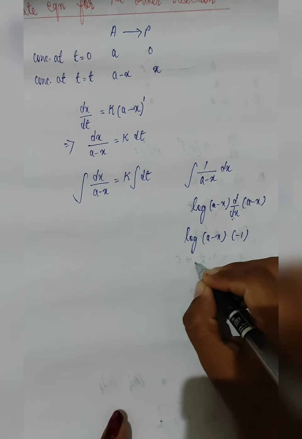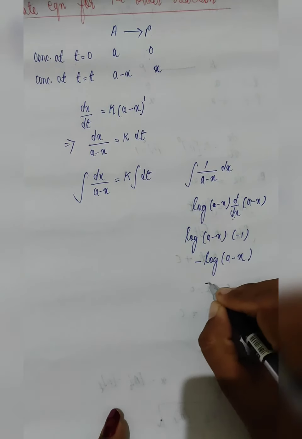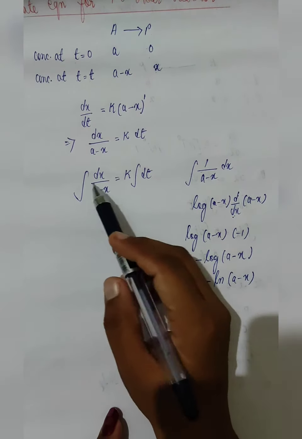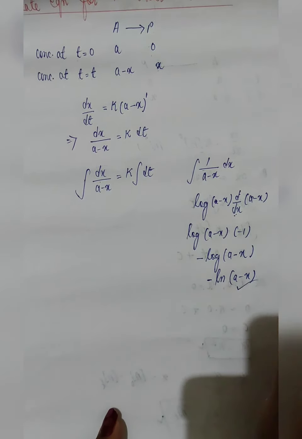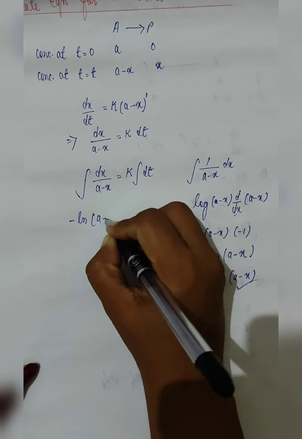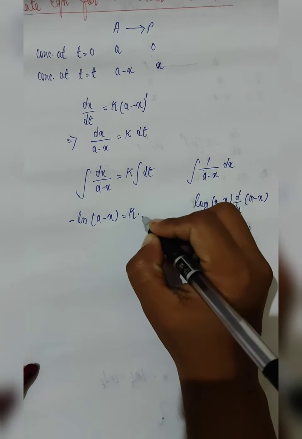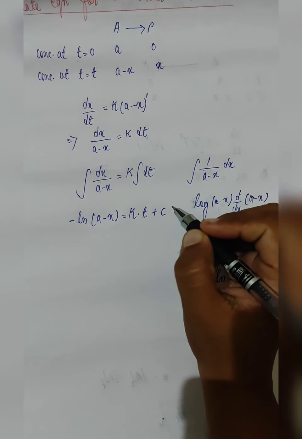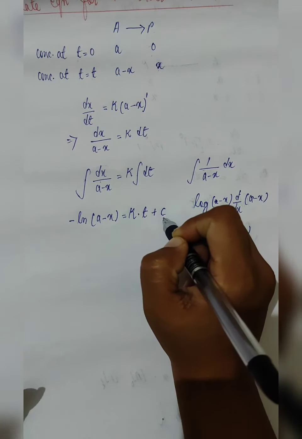So this equation will become log, or it can also be written as ln, of a minus x. So after differentiation and integration, we are getting this value. So we can write minus ln a minus x is equal to k, integration of dt will give t, plus constant. Whenever after integration, we will always put a constant term.